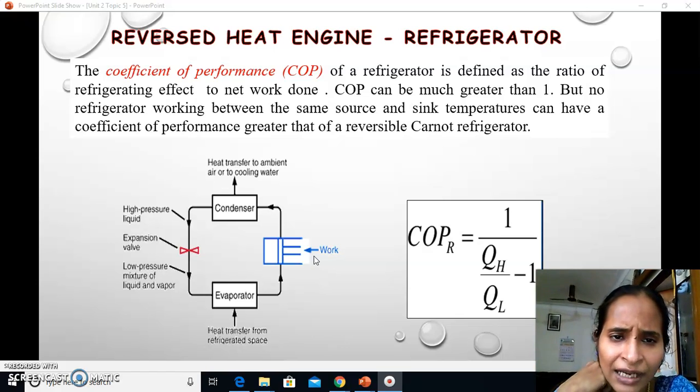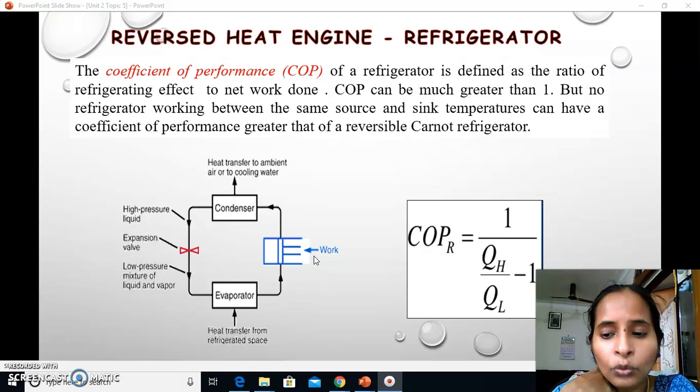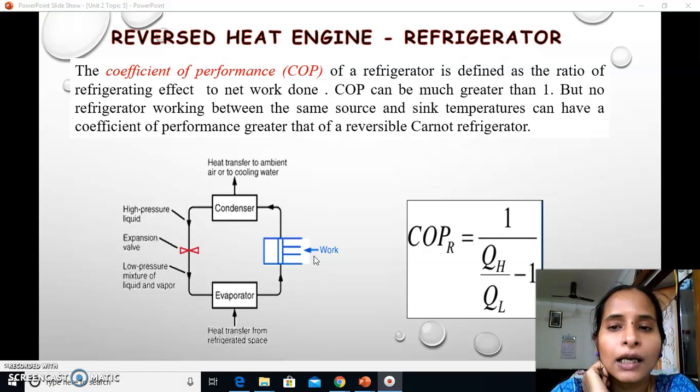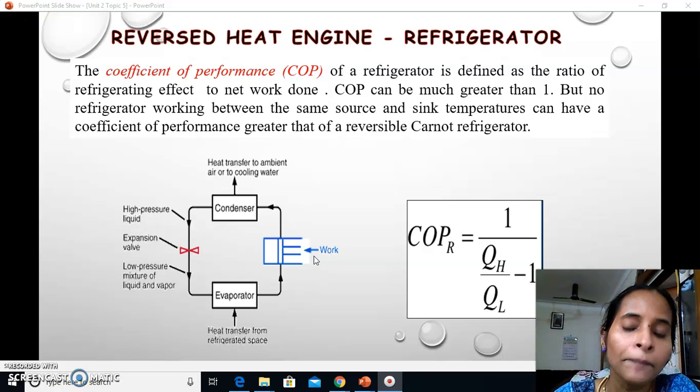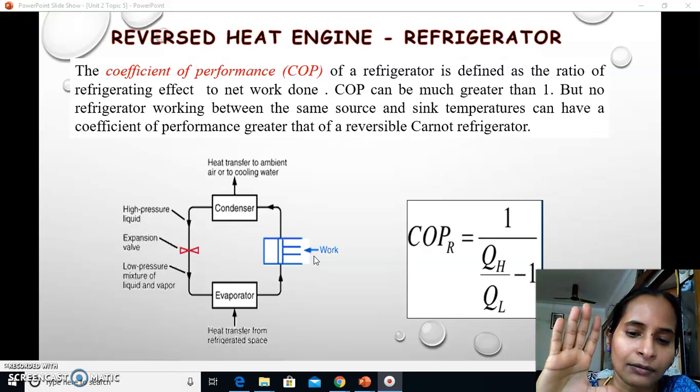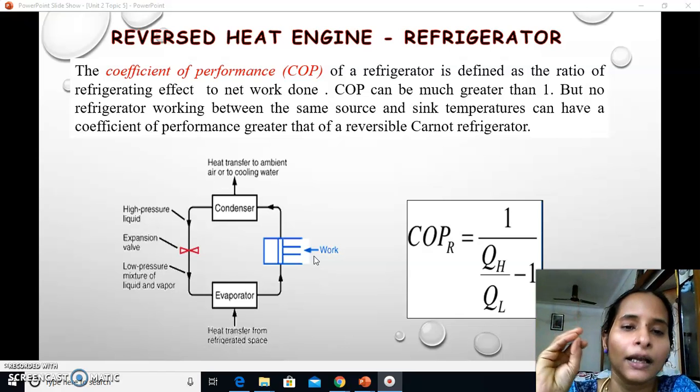But as far as the reversed heat engine is concerned, we are going to talk about two devices called refrigerator and heat pump. For both devices, the direction of flow of the working substance, or the direction of the heat energy and the work input energy, is completely reversed compared to what we have studied in heat engines.